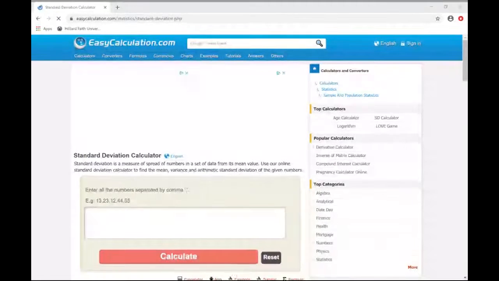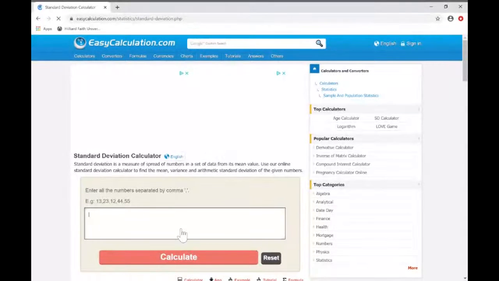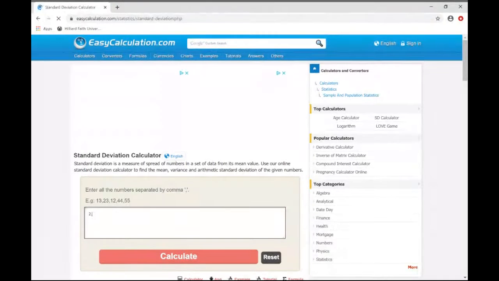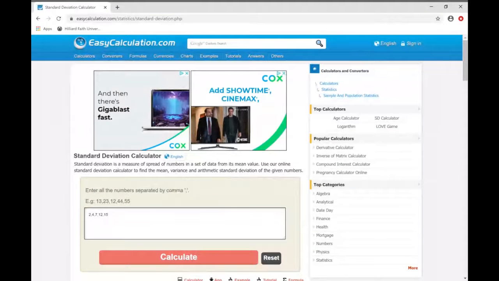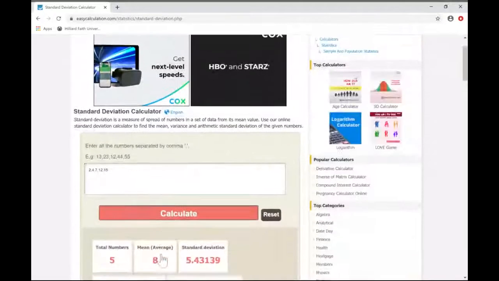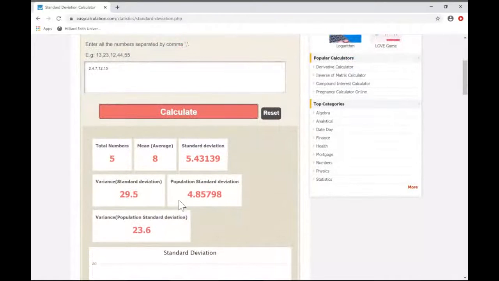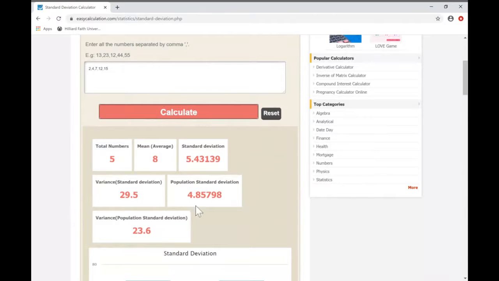We have 2, 4, 7, 12, 15. So this one says separate by a comma. So 2, 4, 7, 12, 15. And hit calculate. And there you go. So here it gives you the standard deviation and variance, and then population standard deviation and variance. So if they call it these two back here the population, that means these two that they gave initially are your sample. So standard deviation, sample, variance.